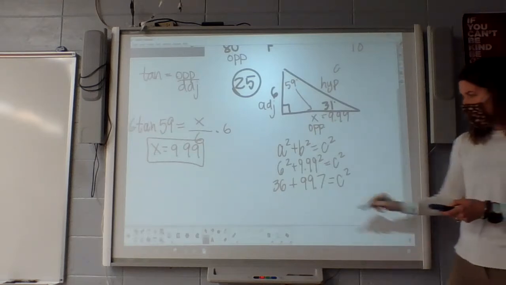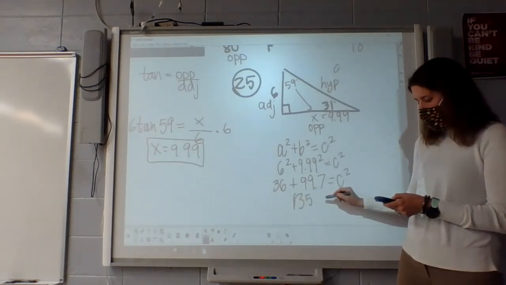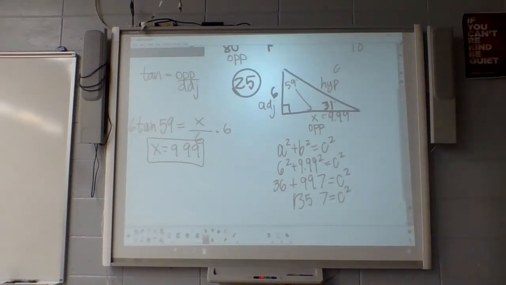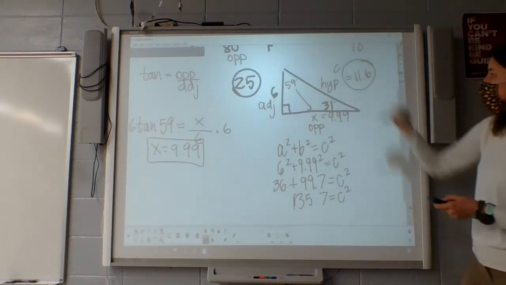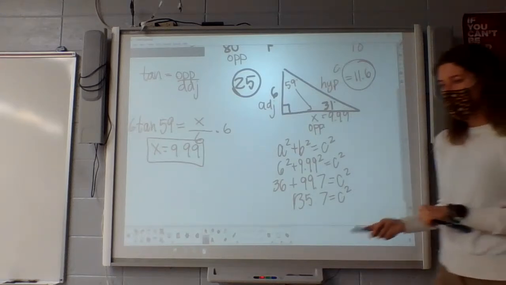Add that to 36, get about 135.7, which is c squared. Take the square root of that, and I get about 11.6 for my c. And then to find my perimeter, I just add up all the edges.